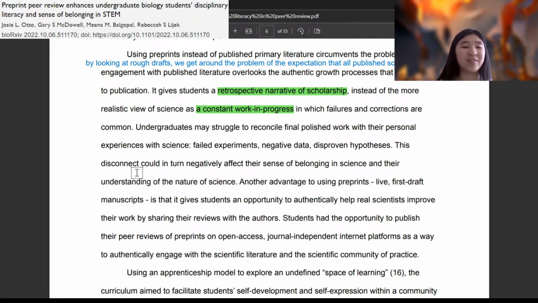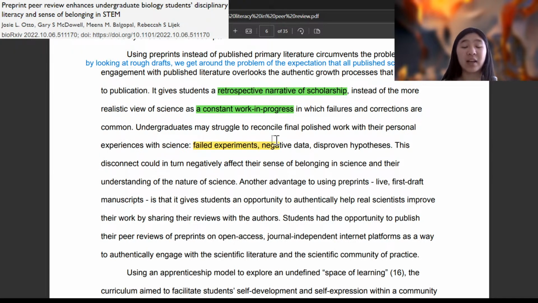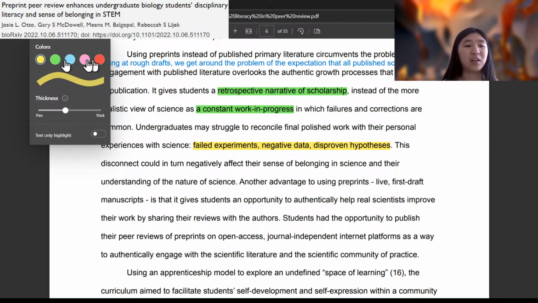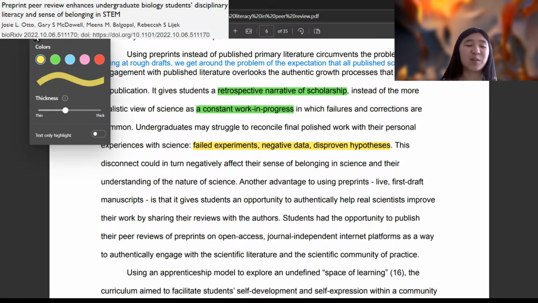But that's very often not the case. So, like this article is saying, there's a lot of failed experiments, a lot of negative data, and a lot of hypotheses that don't go anywhere. And so if all you ever see is a textbook full of 100% proven things, or what you believe to be 100% proven, and then you fail to do anything, that's very discouraging. But that is the real reality that textbooks don't show you.